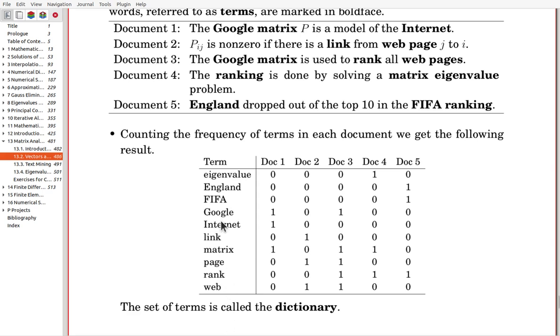Here the dictionary has Google, matrix, and internet, and so on. In this way, you count the terms in each document. Then we can get such a matrix.